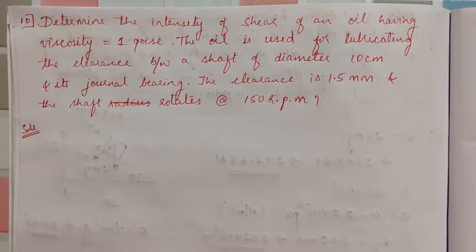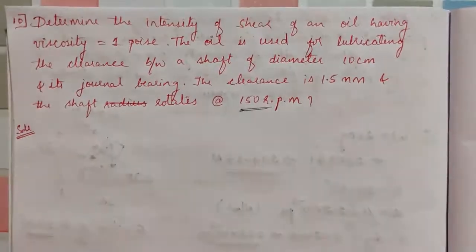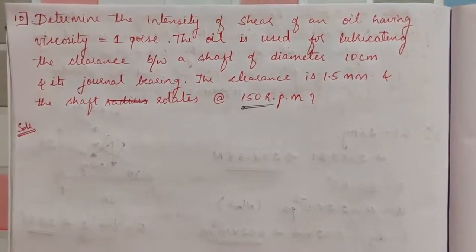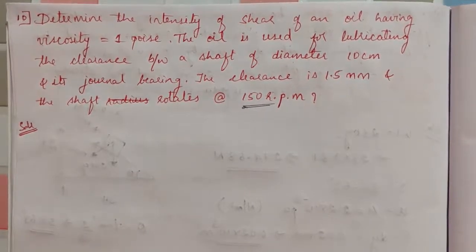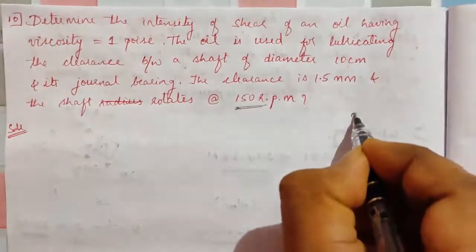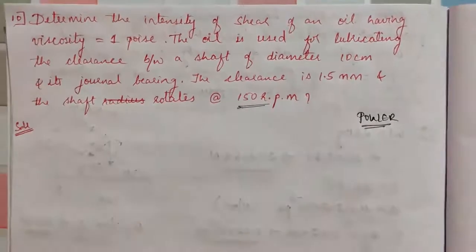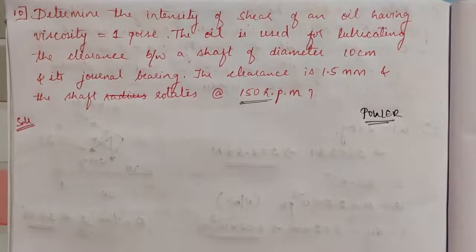The clearance is 1.5 mm and the shaft rotates at 150 rpm. Whenever they give terms like 150 rpm, we should remember the formula of power. I'll let you know while doing the problem.